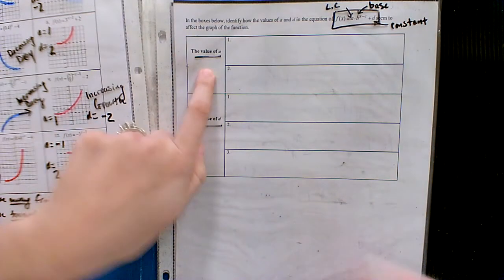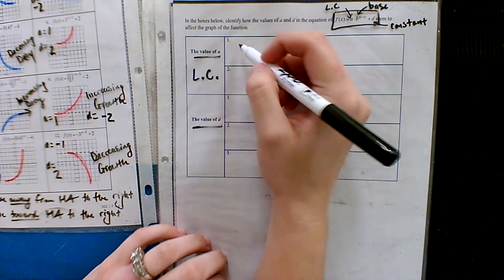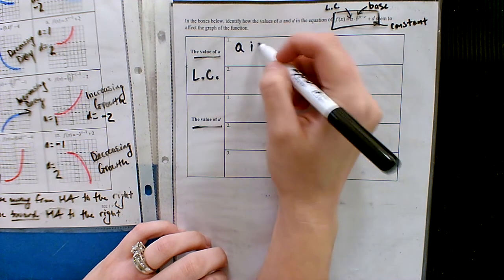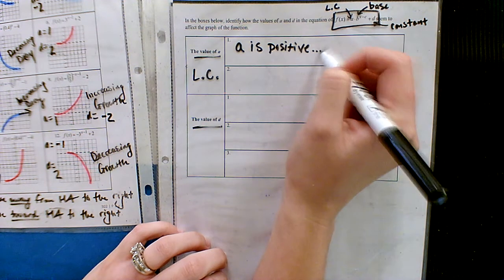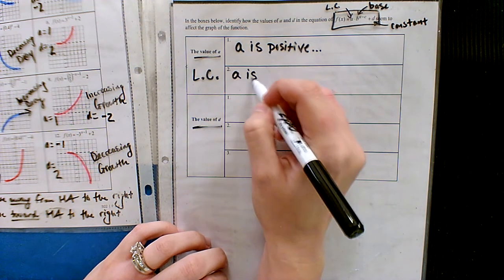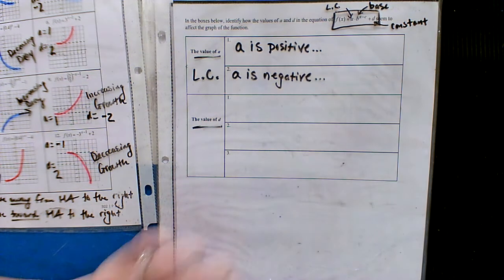So on page 303, let's look at the value of A. We said this represents our leading coefficient. If A is positive, we're going to write our connection down, and if A is negative, we'll write our connection down.